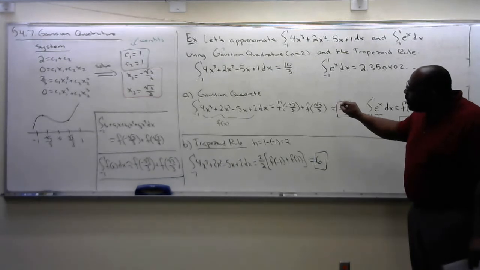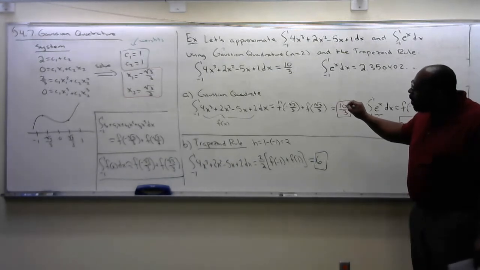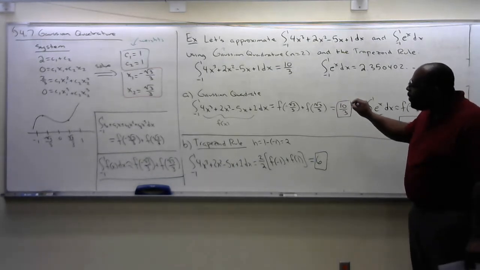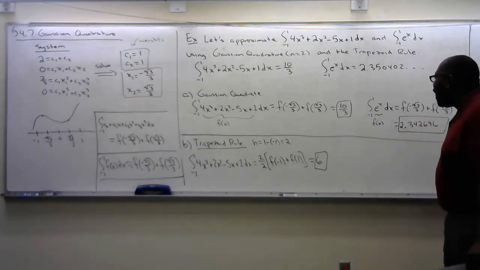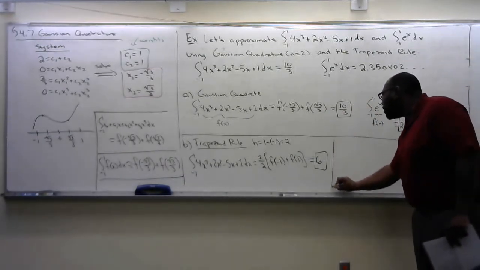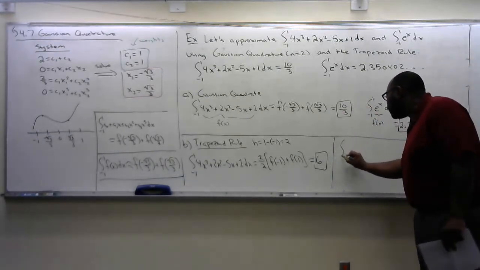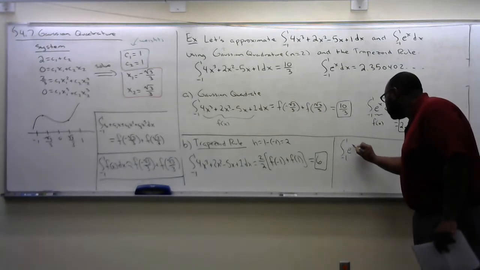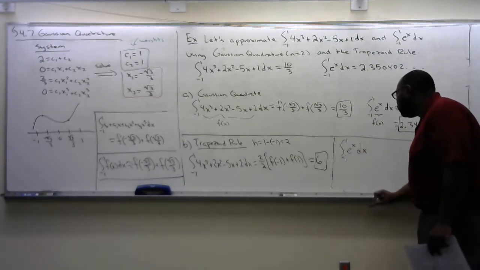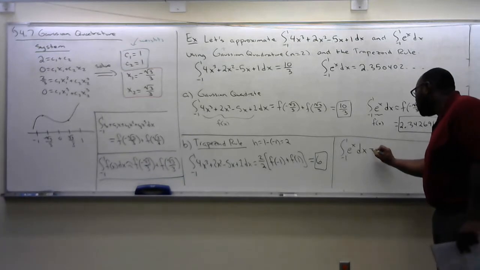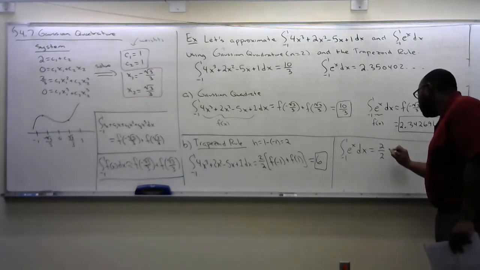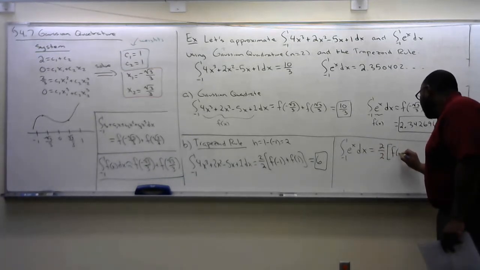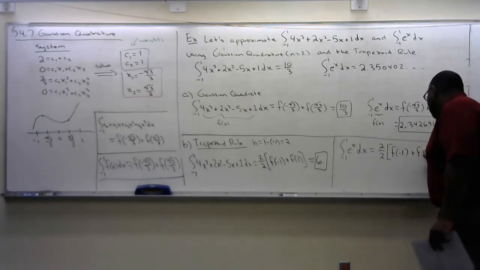But I have to make sure that I pick the values of x1 and x2 to guarantee that I get that. And what about e to the x? How well does it do with that one? Same thing, 2 divided by 2, f of negative 1 plus f of 1.